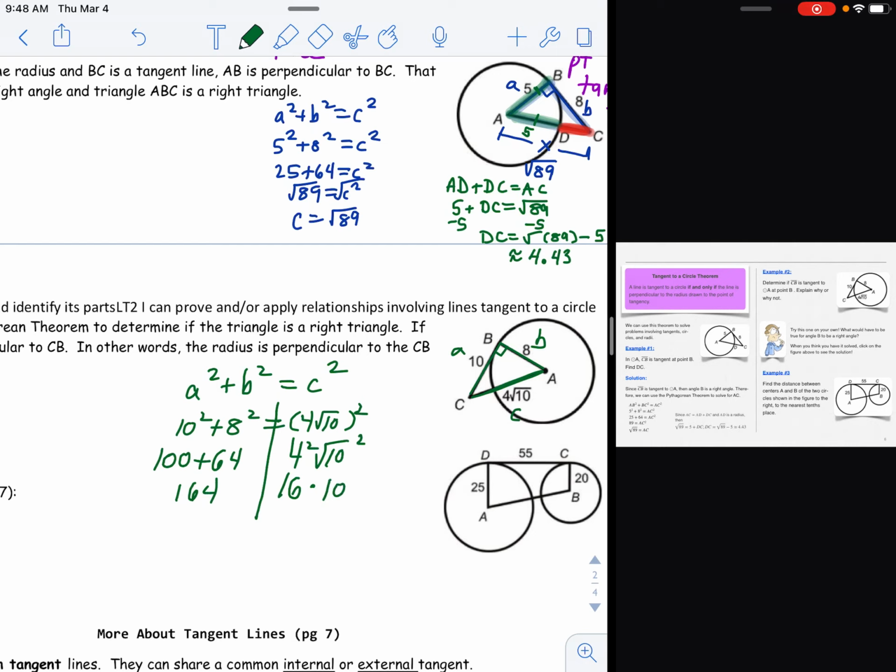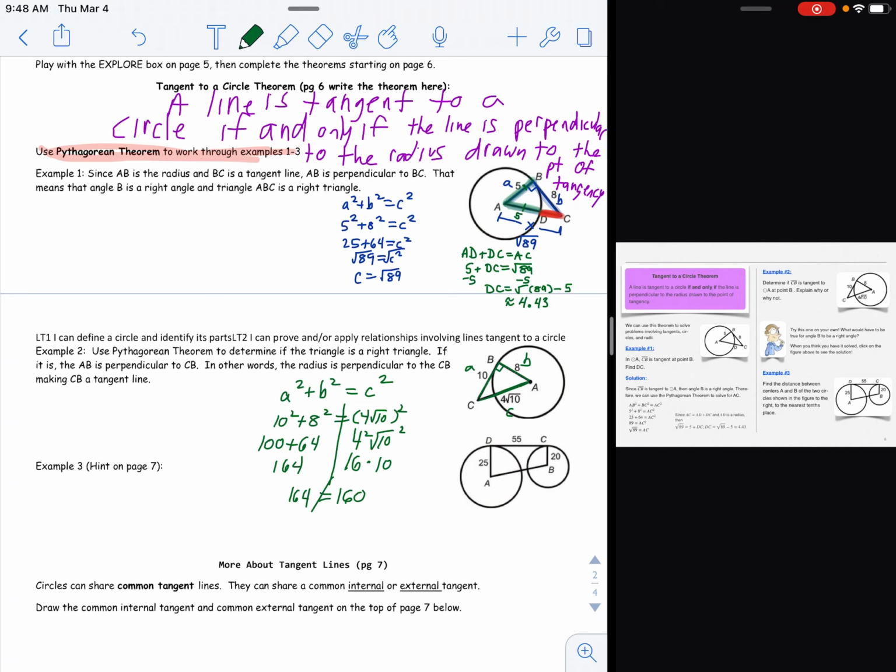Radical 10 squared is just 10. They undo each other. So we have 164 equals 160. So, not a right triangle. BC not tangent to circle A.